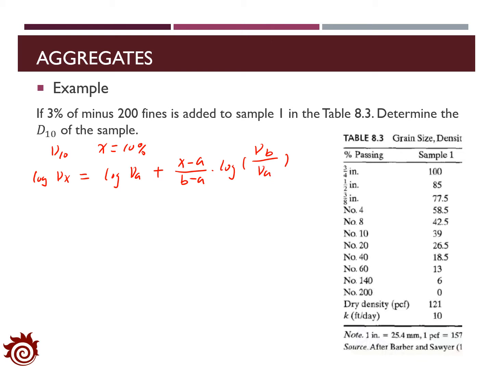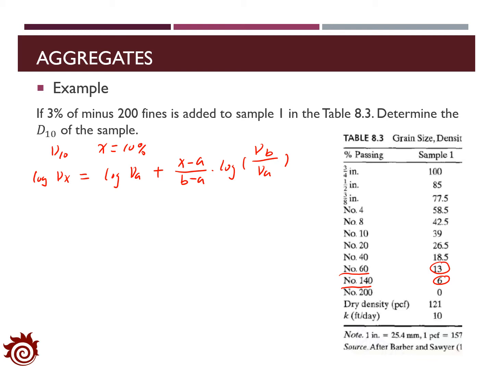In the table, there are several percentages for sample 1, but there isn't any value at 10%. Instead, we can find 13% and 6%. So 10% is between these two values. That will be the number 60 sieve and the number 140 sieve.